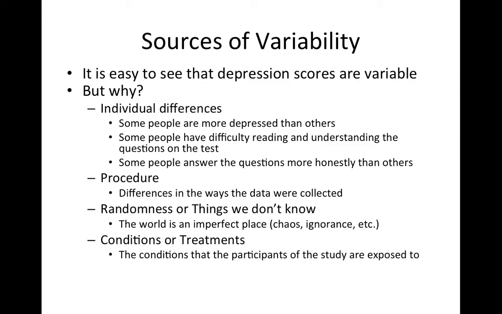These are the conditions that the participants of the study are exposed to. These can come from us as experimenters or researchers. We can give one group one drug and give another group a placebo, and that might change the scores. That might increase the variability in the scores.